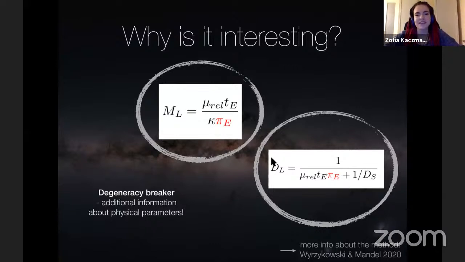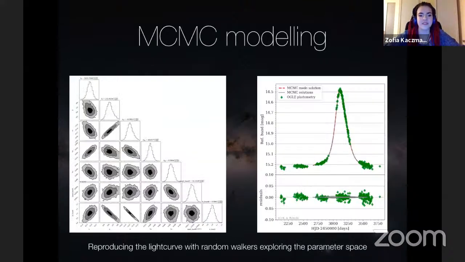So I won't go into details of the math and physics behind it. If you want more info about the method, you can check out the paper I'm citing here. But basically, we are looking into it because the parallax helps us determine the nature of the lens. How we are doing it, of course, it can't be done analytically, as there are too many different parameters that are all tied to each other in complicated ways.